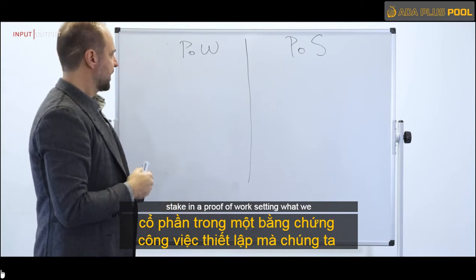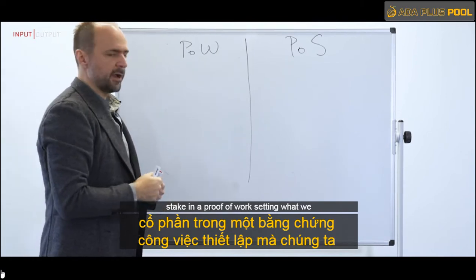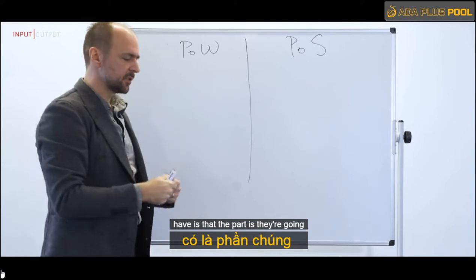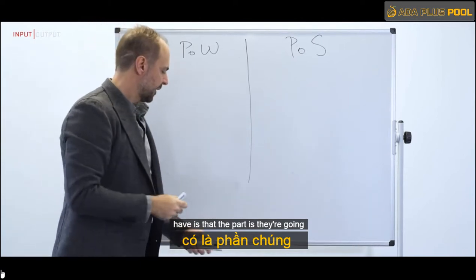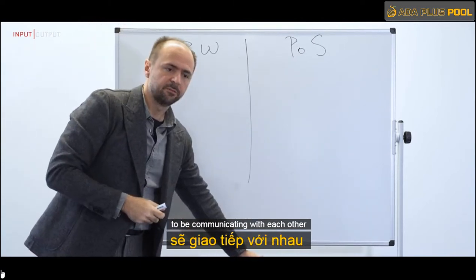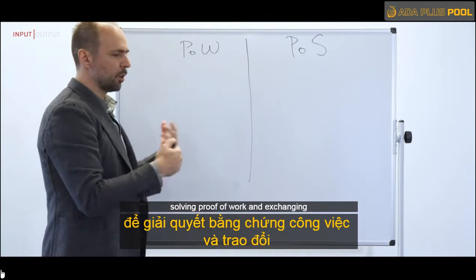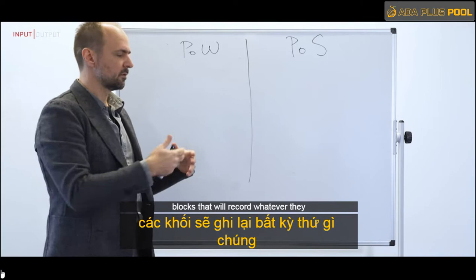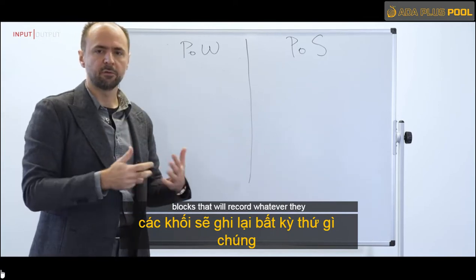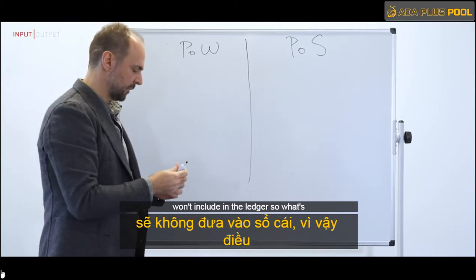In a proof of work setting, what we have is that the parties are going to be communicating with each other, solving proof of work, and exchanging blocks that will record whatever they want to include in the ledger.